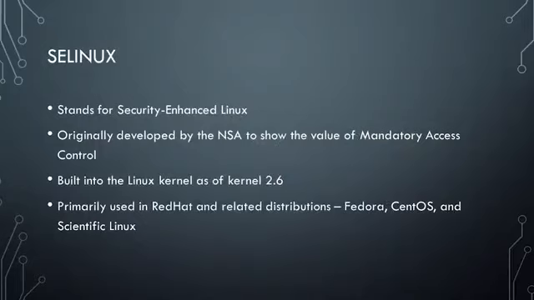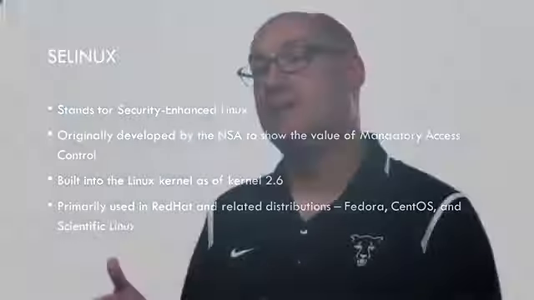SELinux was first designed by the National Security Agency. It stands for Security Enhanced Linux, and it's Linux's answer to mandatory access control, or what we call MAC. So DAC stands for discretionary access control, and MAC stands for mandatory access control.